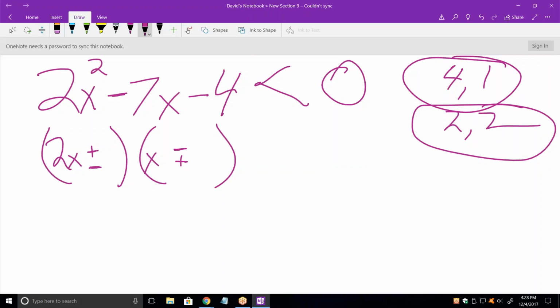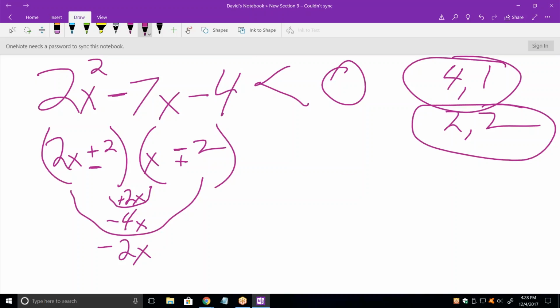Well, it's pretty easy to see that 2 and 2 doesn't work. Why? Because that's plus 2x, that's minus 4x. Well, that doesn't get me anywhere near 7. And switching the 2's around will give me 2 times 2x, 2 times x, wouldn't do anything.